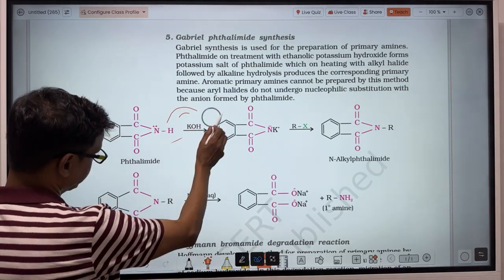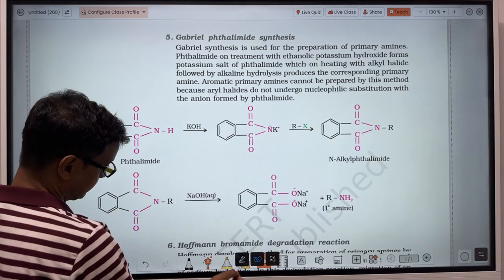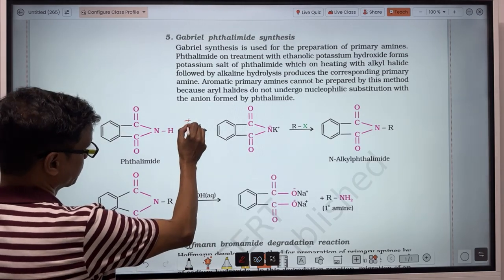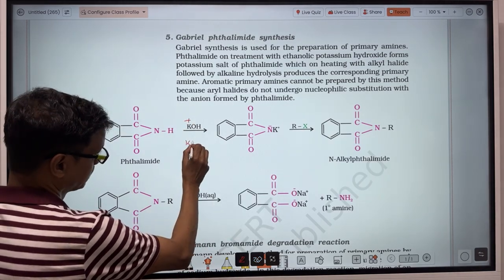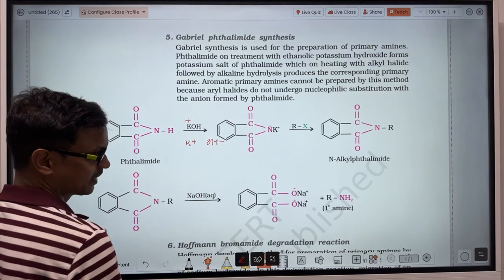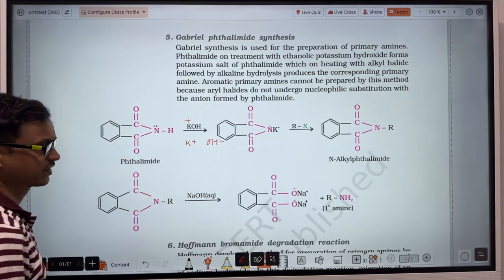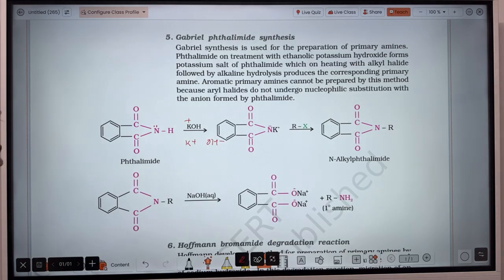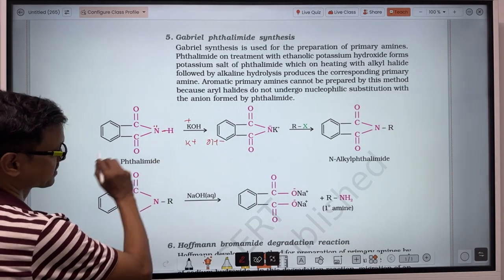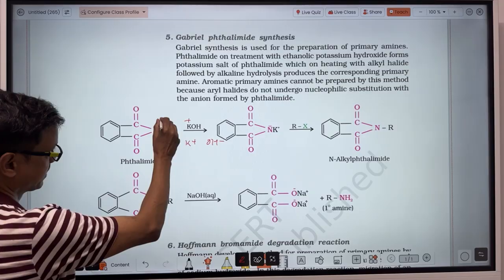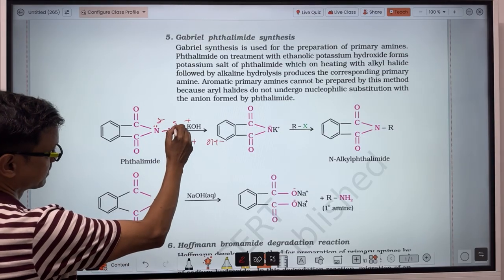KOH dissociates into K plus and OH minus. In addition to that, there will be high stress on this NH bond, so here a slightly negative charge and here a slightly positive charge.